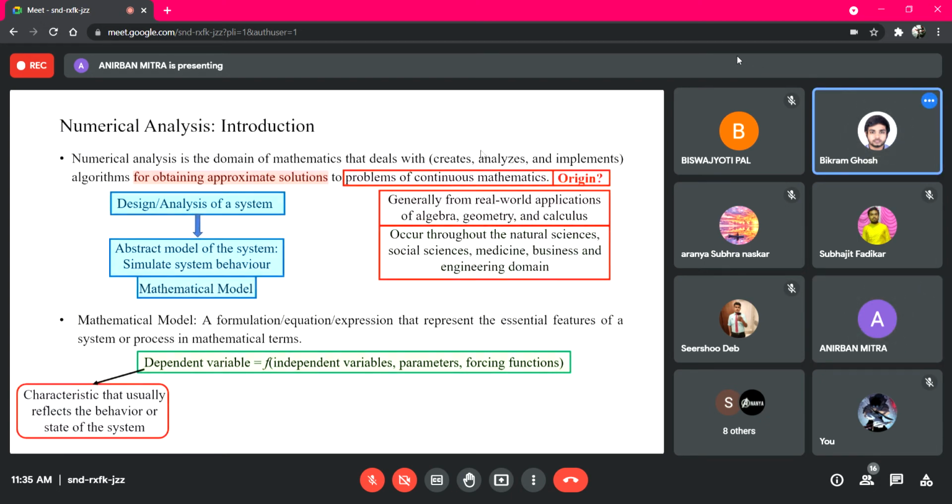Or you can consider its position. At time t, it is at position x1, y1. At time t dashed, it has moved on to another position, say x2, y2. So if you know these 2 coordinates, you know the system behavior or the state of the system, where exactly that particle is. So that is the dependent variable.